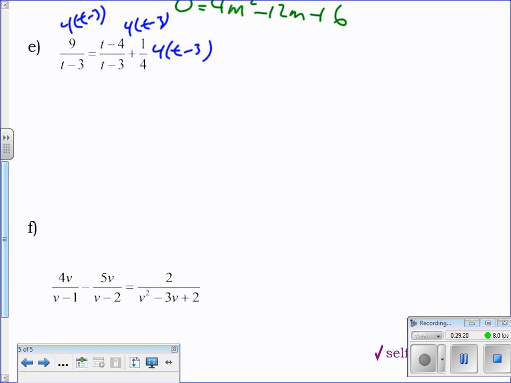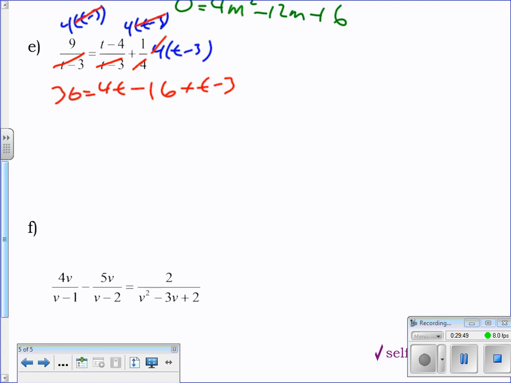That's my common denominator. I cancel. T minus 3's cancel. I get 9 times 4, which is 36. Equals t minus 3's cancel. 4 times t minus 4 is 4t minus 16. Here my 4's cancel, so I get plus t minus 3.